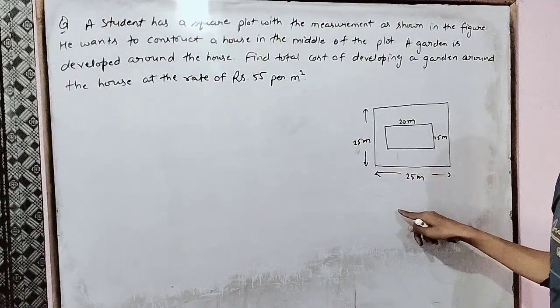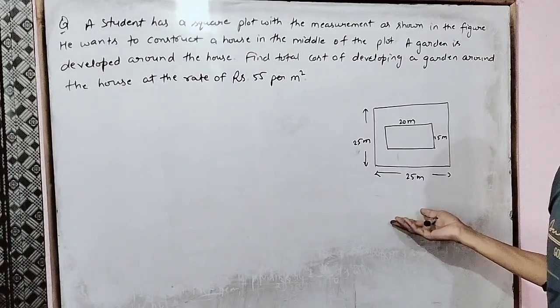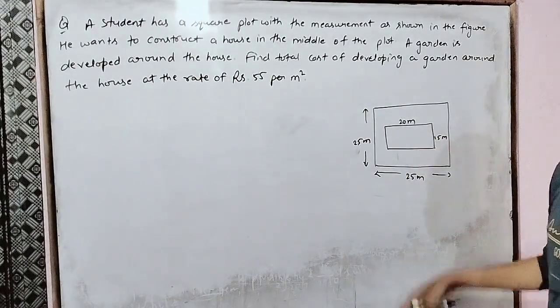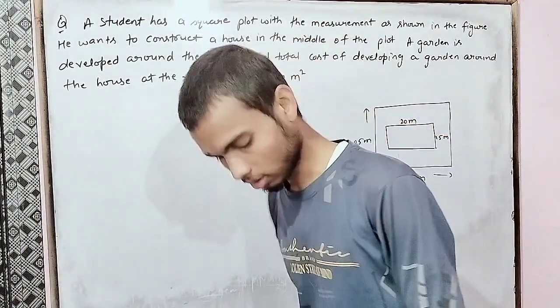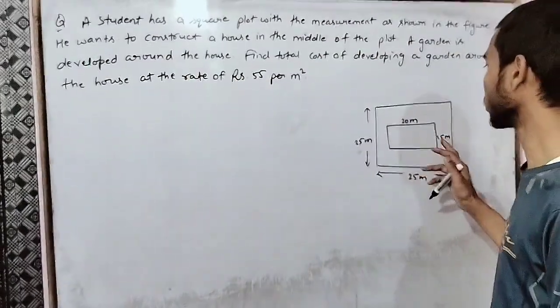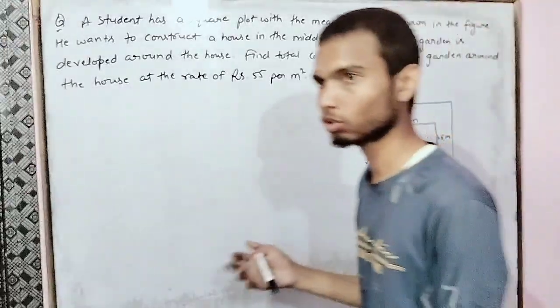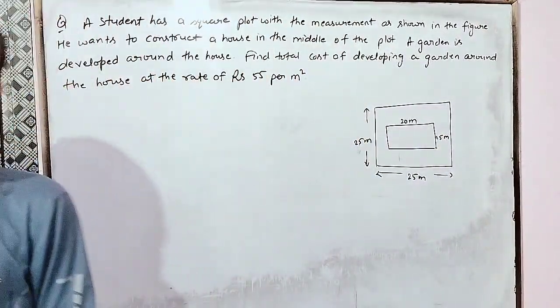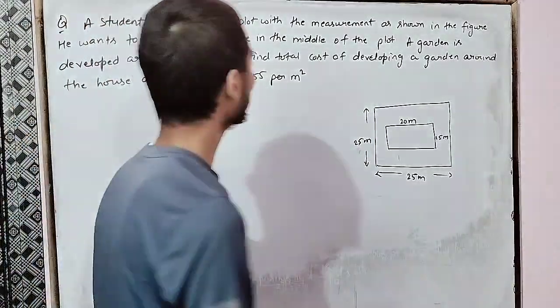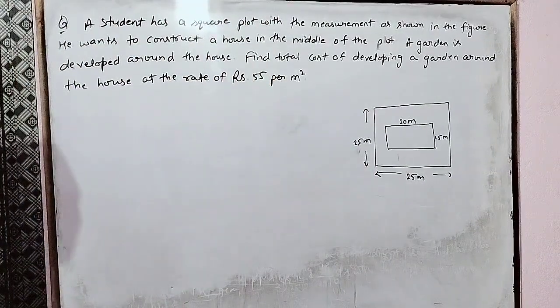So can we say it is a square? Of course. But inside this, it is not a square but a rectangle, because of two pairs of parallel lines.